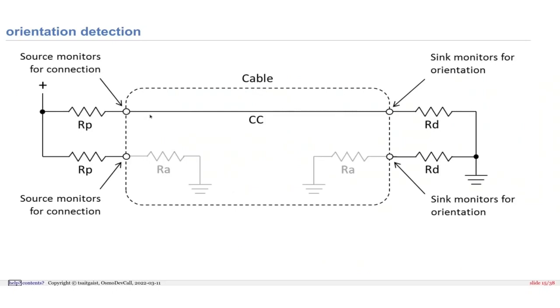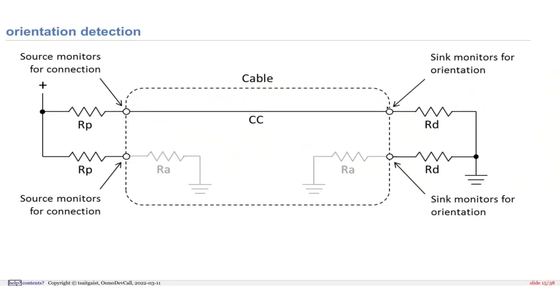Because there's only one CC wire, this is the VCONN wire, it doesn't go from one end of the cable to the other. Because this goes low, it knows exactly: okay, my CC line is on pin A5, or if it's here, it's on pin B5. And thanks to that, it knows the orientation.